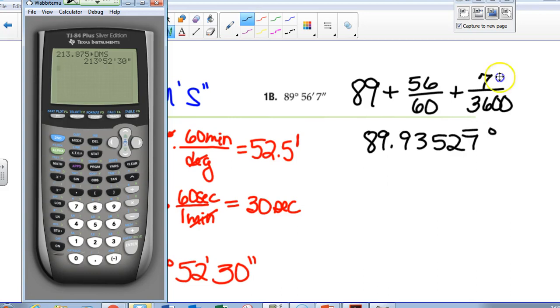Now, to do this without prior knowledge of what those equivalencies are, you would have to type in this on your calculator. You ready to try this? You would type 89. Go to the angle menu, second apps, put the little degree symbol. Now type 56.